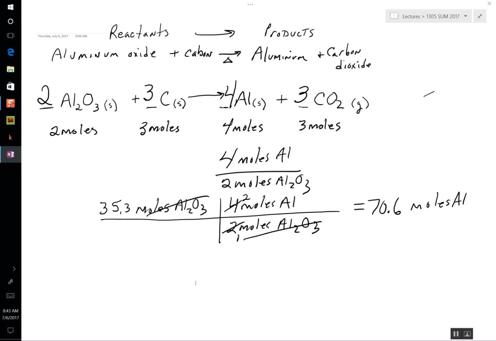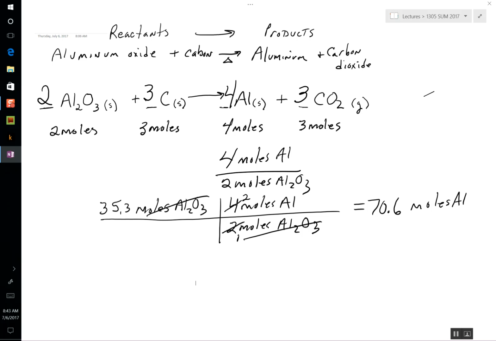Now let me lay out the strategy for this. This is number 5. We're going to go from moles of aluminum oxide, we're going to convert to moles of CO2, and then we're going to convert that into grams of CO2.